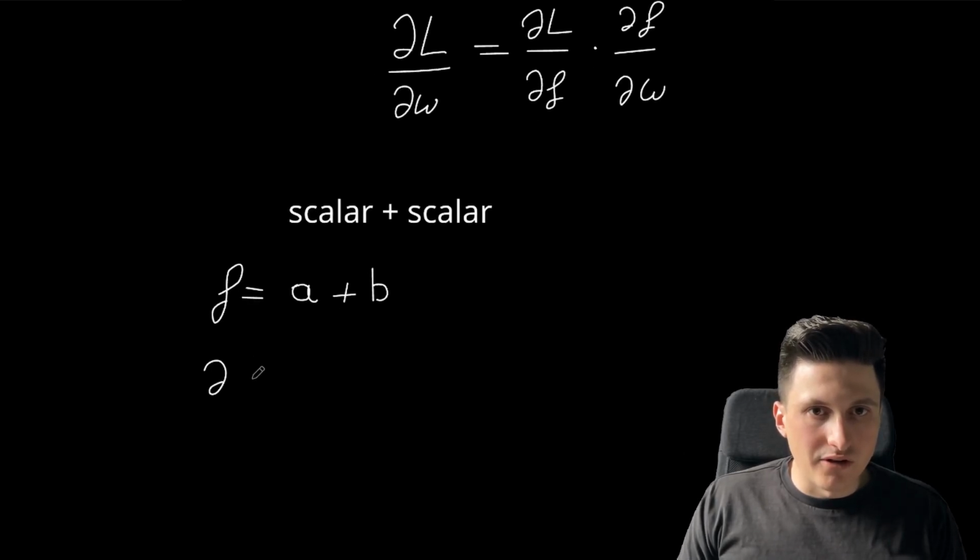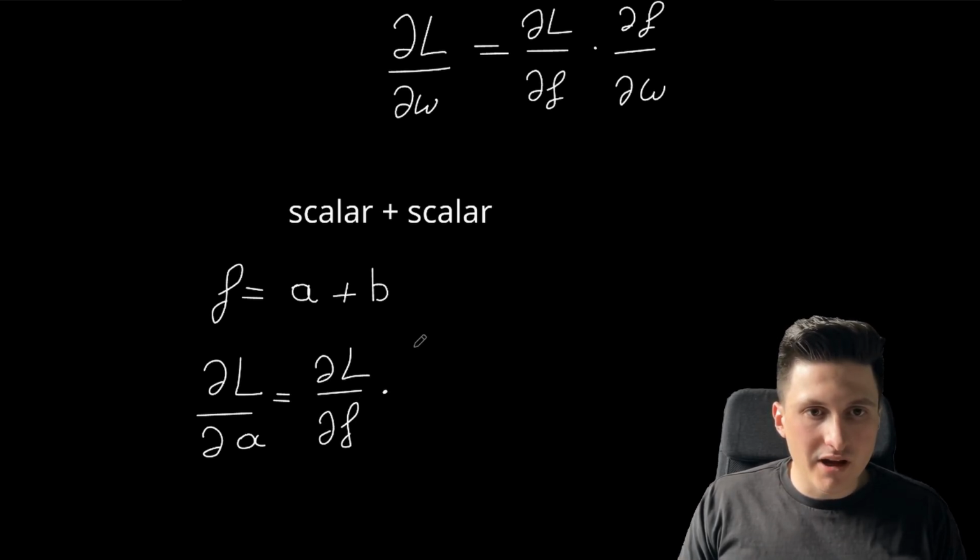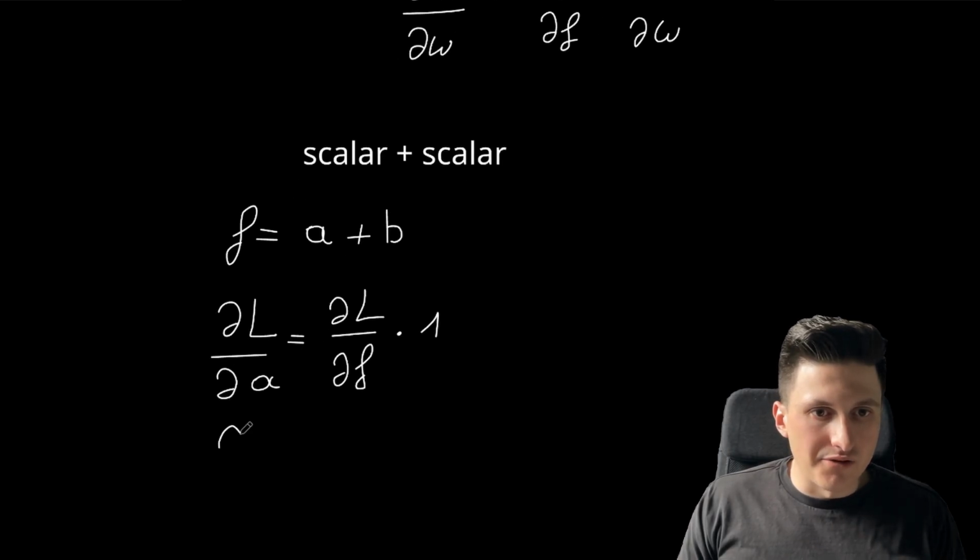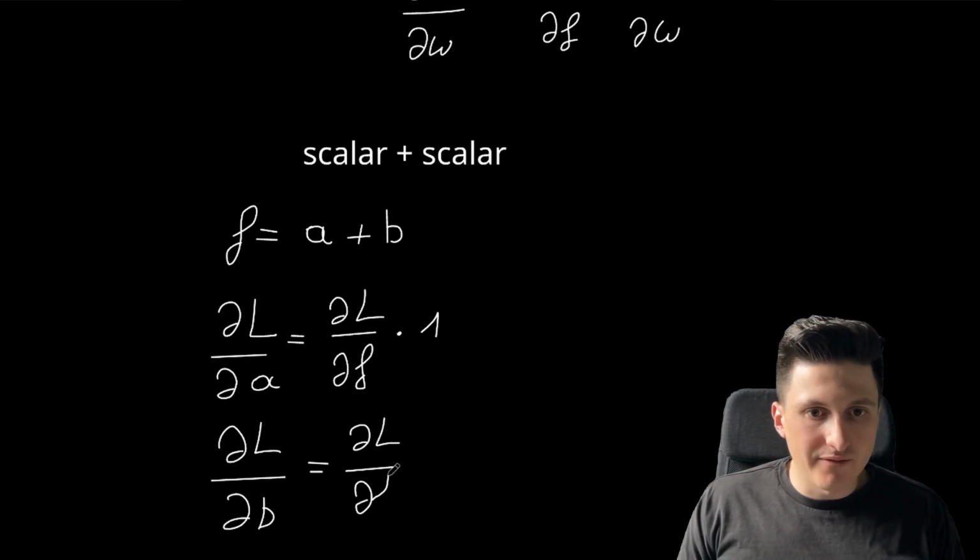And then the derivative of the loss with respect to a is just the derivative of the loss with respect to f times the derivative of f with respect to a, which is 1, and the derivative of the loss with respect to b is just the derivative of the loss with respect to f times the derivative of f with respect to b, which is once again 1.